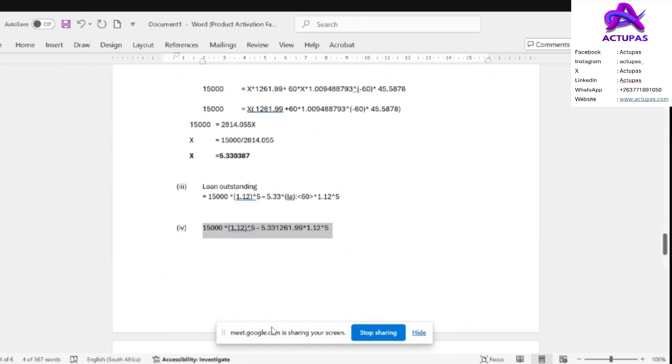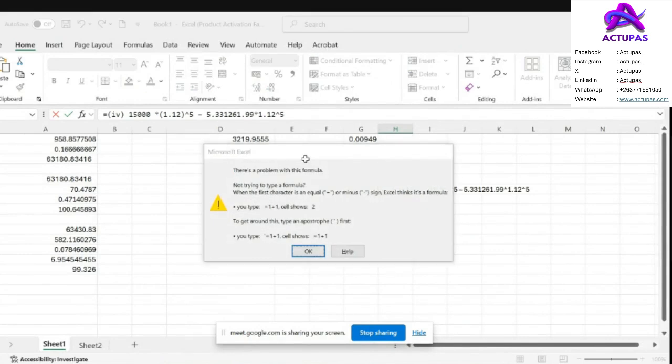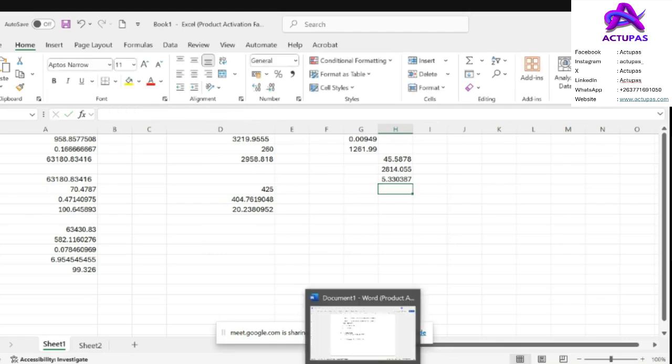And then copy, this is equal to 15,000 by 1.12 minus 5.33 times, here I left the times sign, times, let's see, 15,000. Okay, let me go back here.